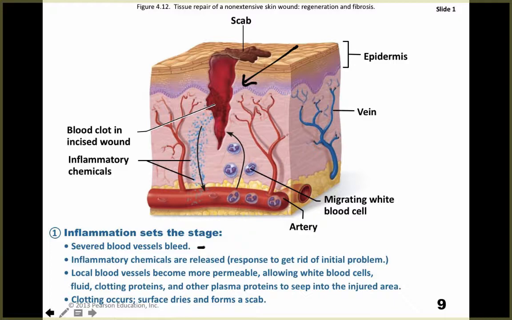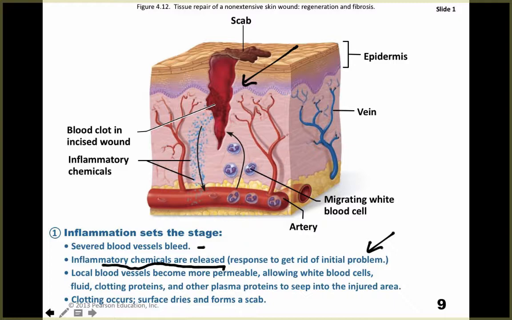You have this incision, and then inflammatory chemicals are going to be released, right? They do this because they want to get rid of that initial problem. There's a loss of blood, there's damage there. If it's open to the outside like this one, then organisms from the outside can get in. So they're going to want to close that off and start repairing it as soon as possible.